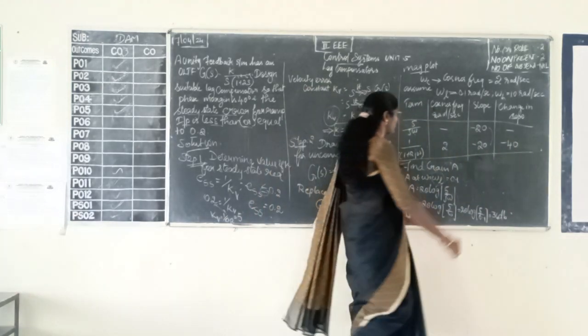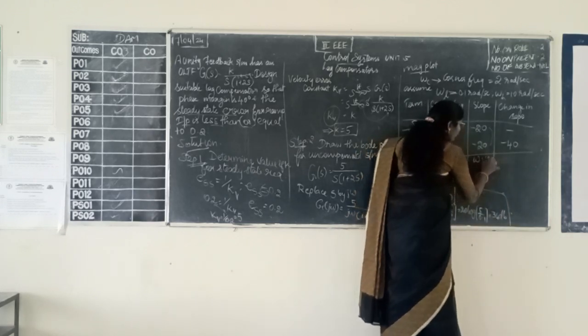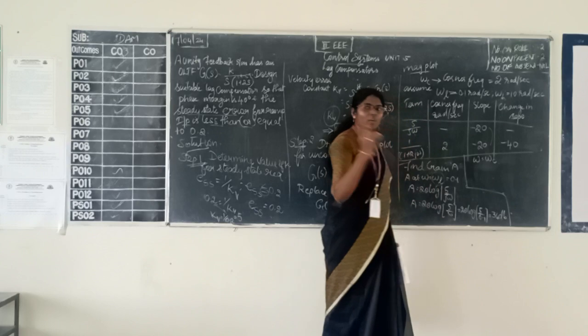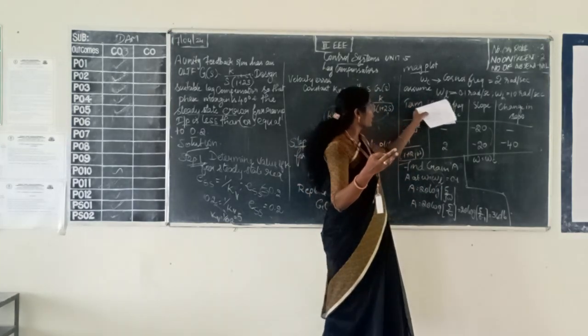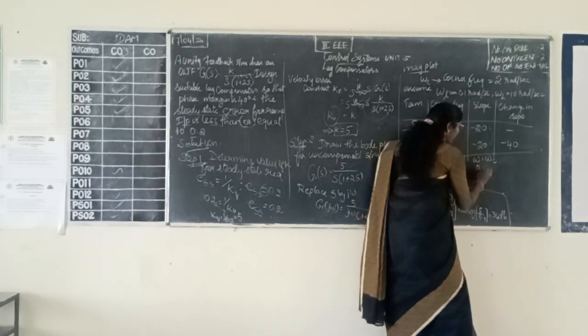Okay. So next, the same way you have to find A when omega is equal to omega c. You have to find it for all these three: omega l, omega c, omega h. What is the formula here?